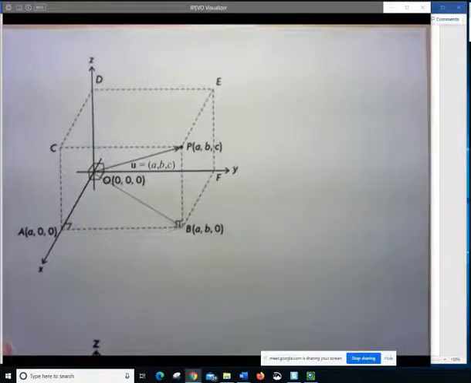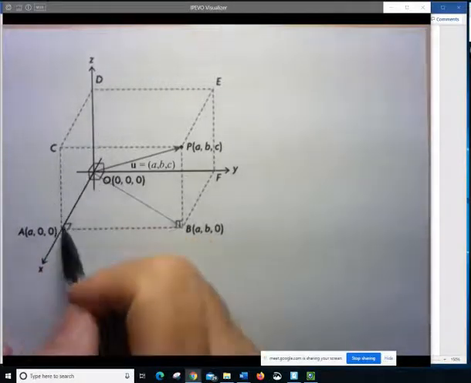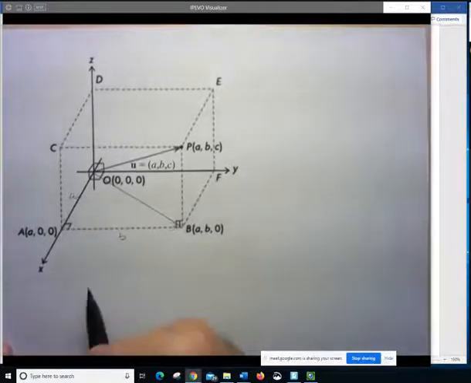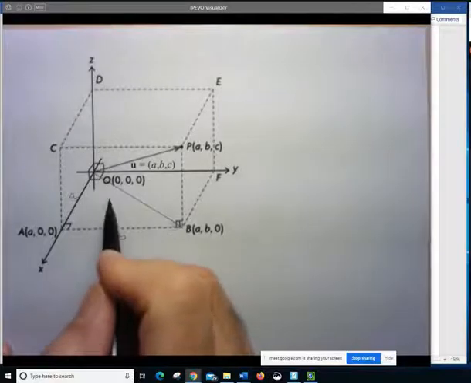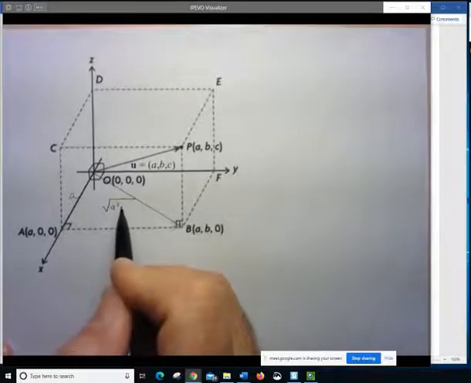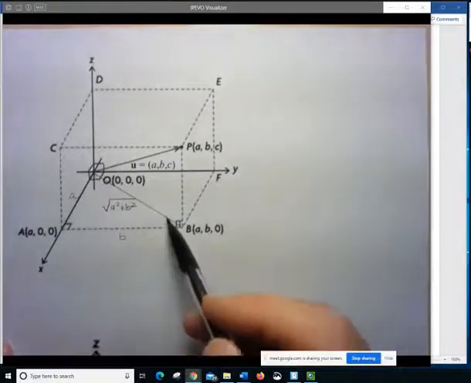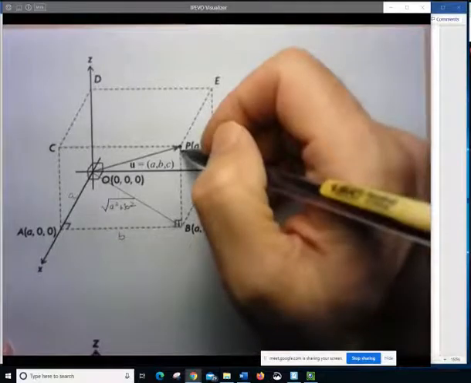Okay. So here we see that this length is equal to a and this length is equal to b. So we know that this length is just the square root of a squared plus b squared. And now we create a triangle with this side length and this height.